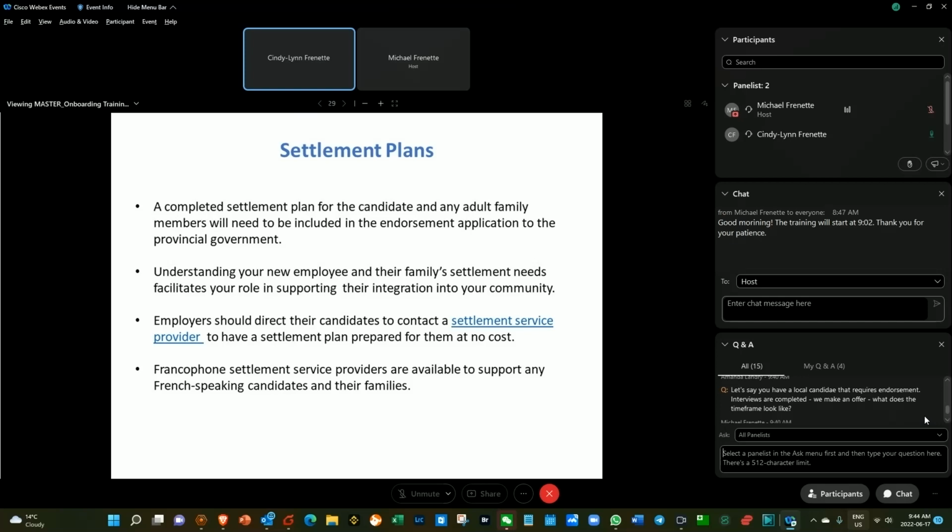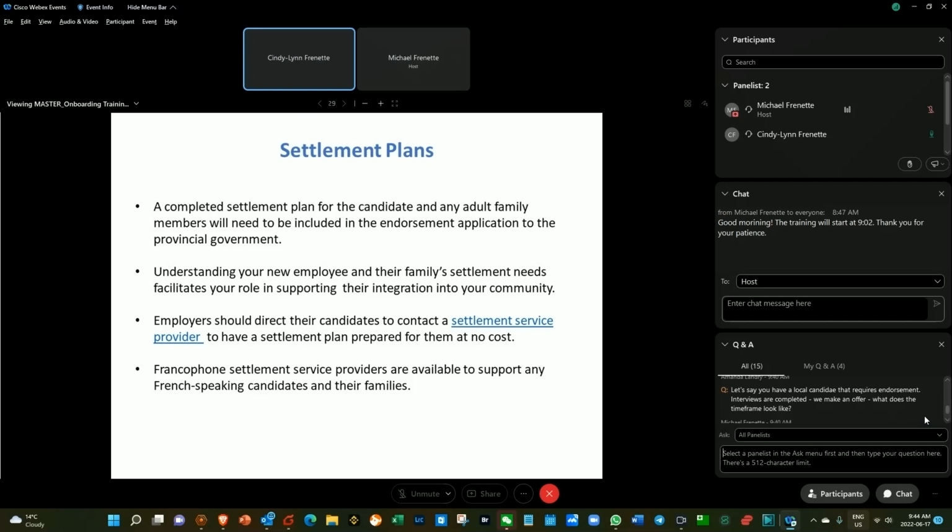To get a settlement plan, the candidate and their family members will need to work with an AIP-approved service provider in Canada if they're already here, and overseas if they've not yet arrived in Canada. You can click on the link in the presentation that will be shared afterwards for a list of AIP designated service providers, which includes those located in Canada, as well as the service providers who offer services outside of Canada.